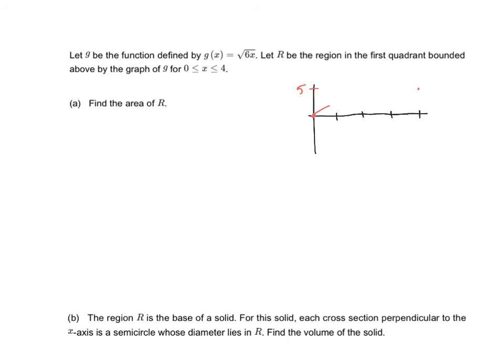And then this just looks like a square root function. Now they say let R be the region in the first quadrant, bounded above by the graph of that. So the area that we're looking for is just this area here.